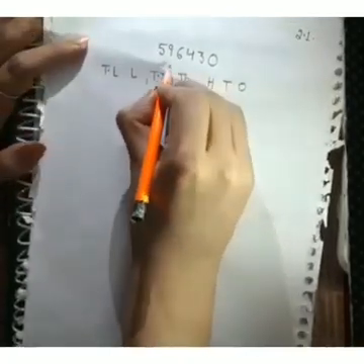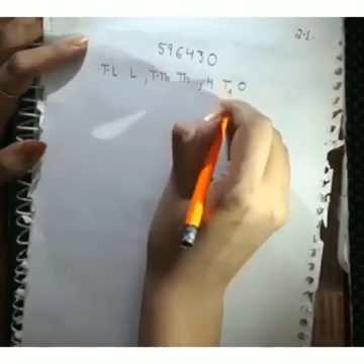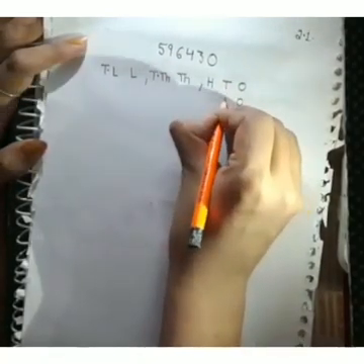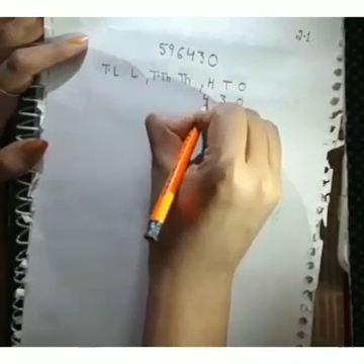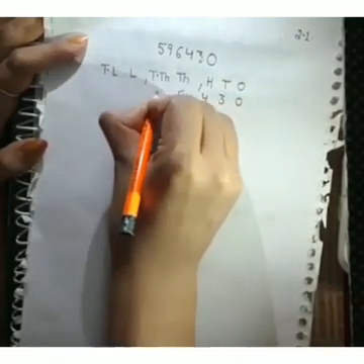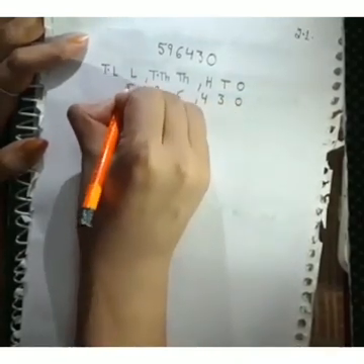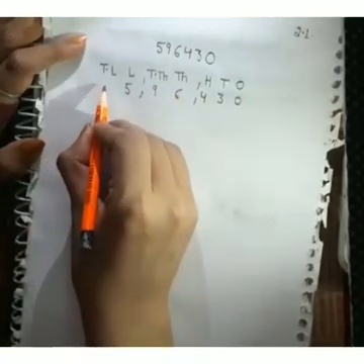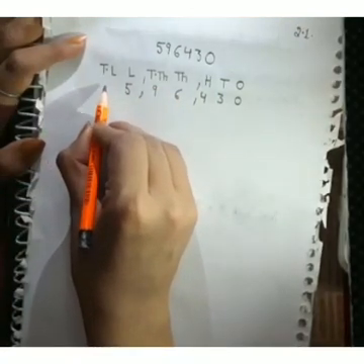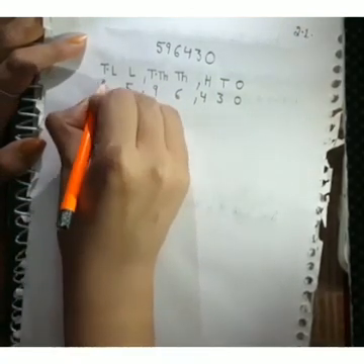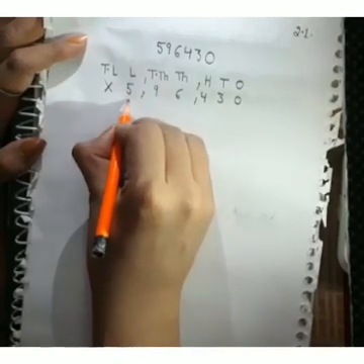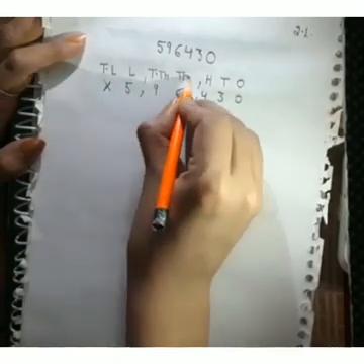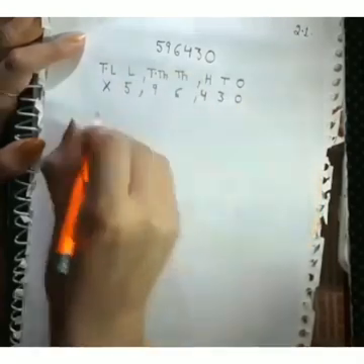Now I am putting the digits from the right side. 0, 3, 4, comma, 6, 9, comma, 5. Now here we are looking that no digit is here at 10 lakh place. Now the number is 5 lakh 96,430.